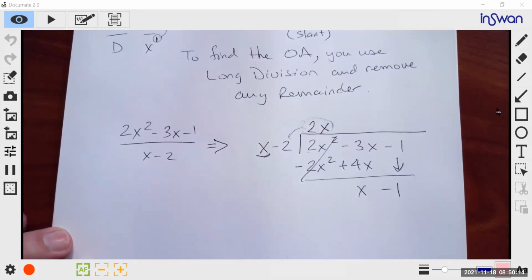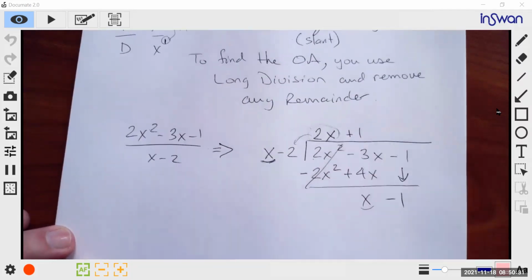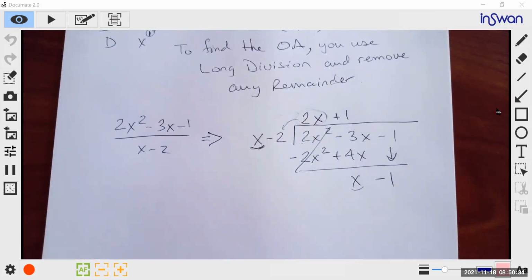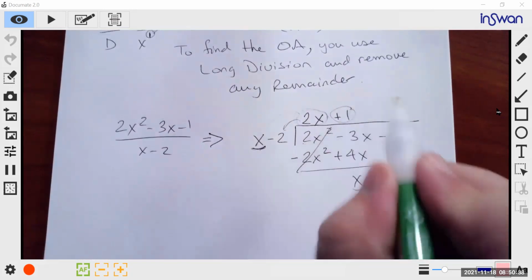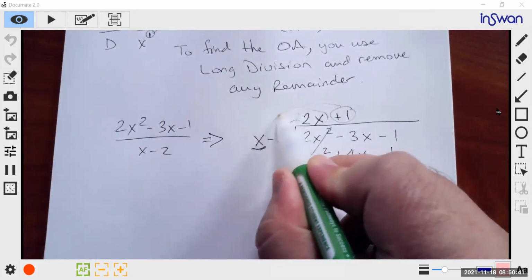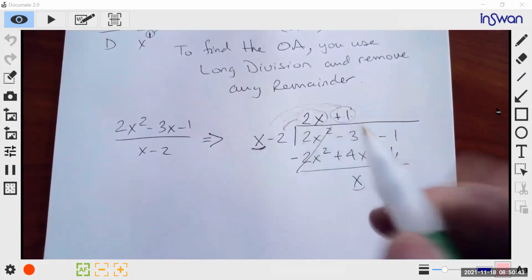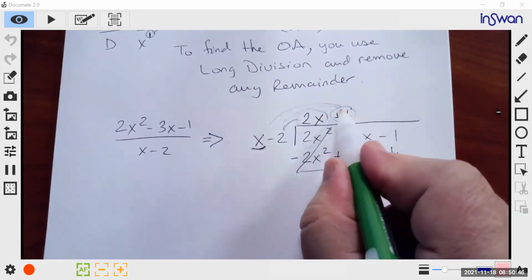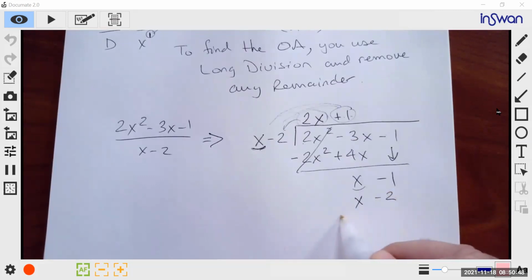Repeat the process. What times x equals x? Positive or negative? Positive, yes. So it's positive 1. You're thinking I'm giving you a trick question here. So we take whatever we have here, the plus 1, times both of these guys. So 1 times x is x. 1 times negative 2 is negative 2.